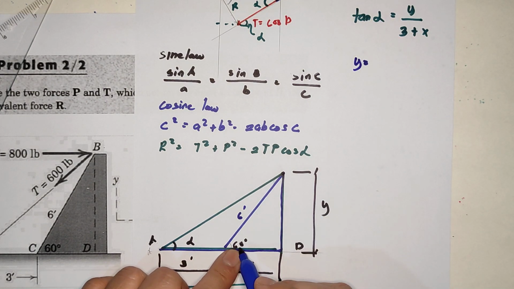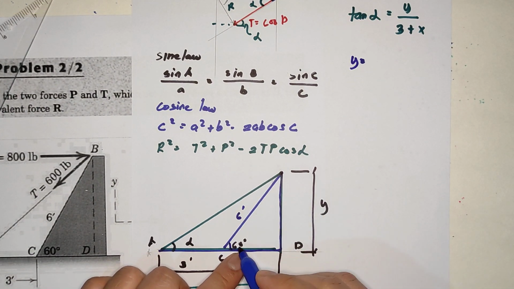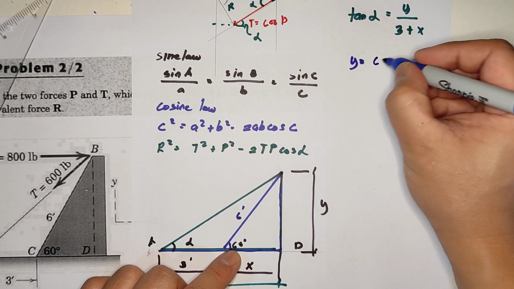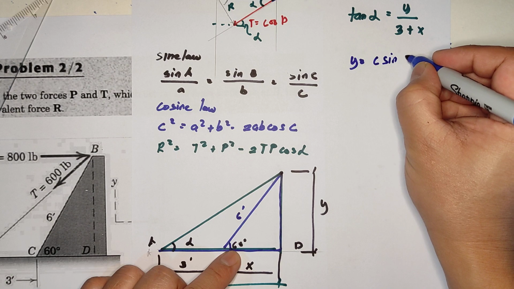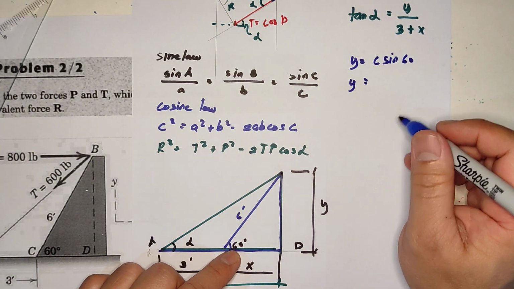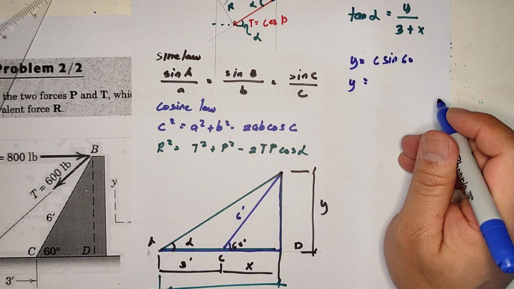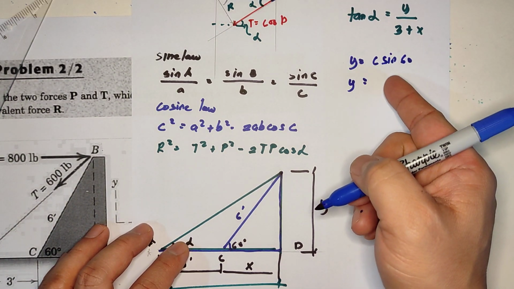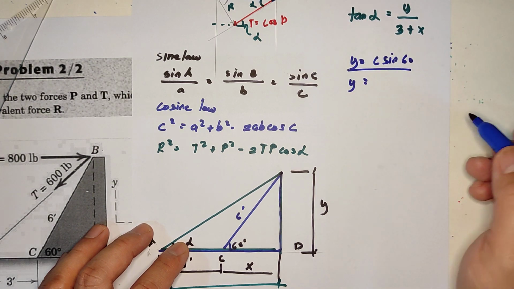So this is the opposite of this one. It's looking at this, so that is sine. So you have 6 sine 60, and the y value should be, I have no computation, but let's leave it this way.